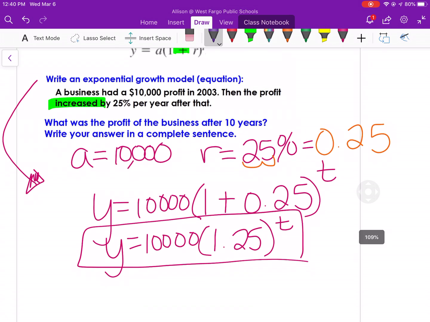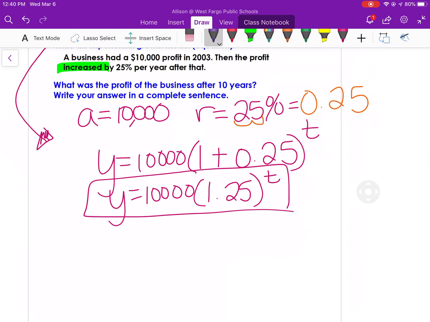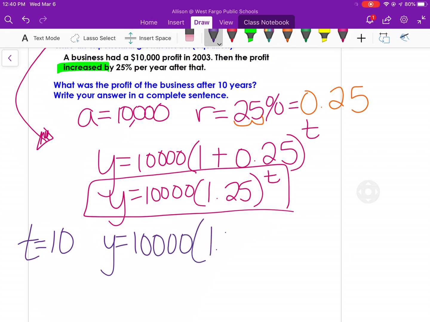Next, if I want to say what was the profit of this business after 10 years, well, that would be if t equals 10, y equals the profit. So y equals 10,000 times 1.25, and then plugging in 10 for t. Then finish solving for our profit, which is represented by our y variable here.